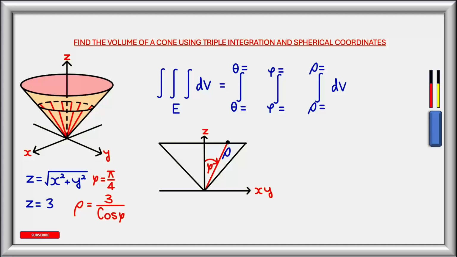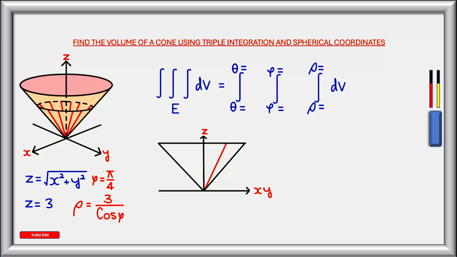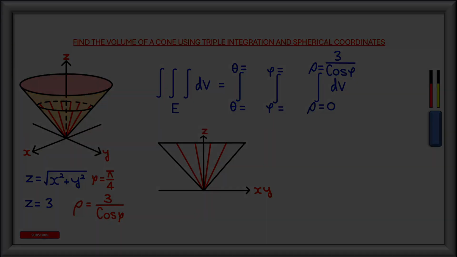And its endpoint is governed by the plane where z equals 3. And in spherical coordinates, this is rho equals 3 divided by the cosine of phi. And these represent the upper and lower limits of integration for rho.